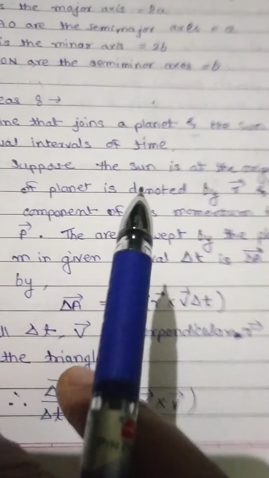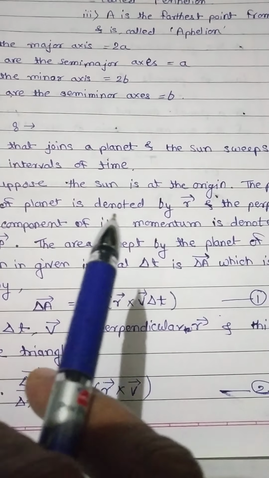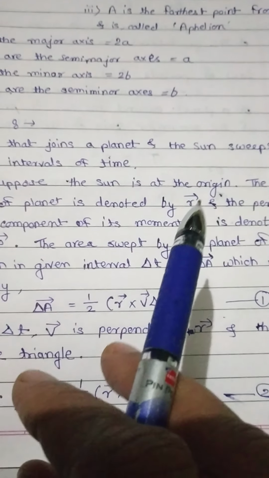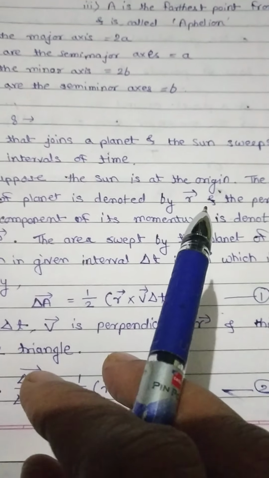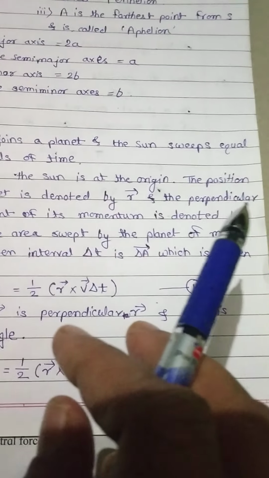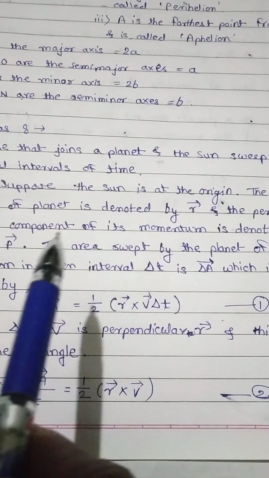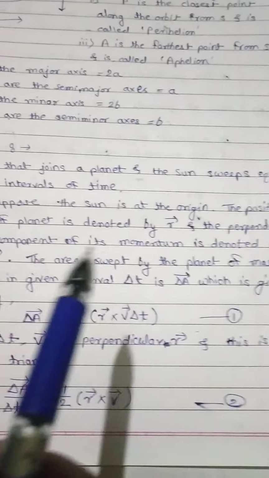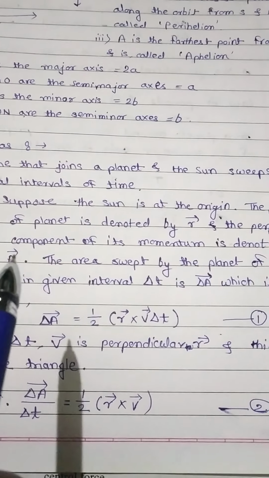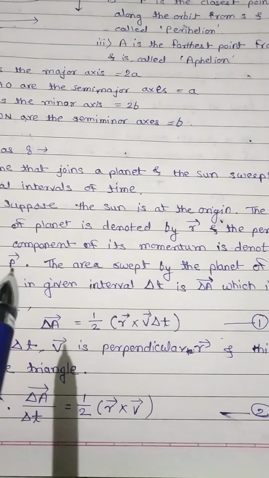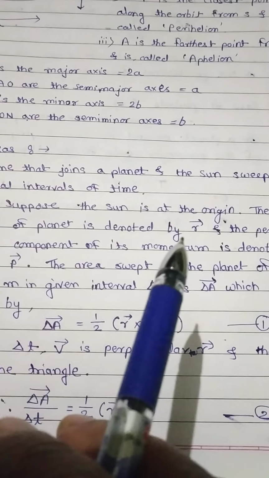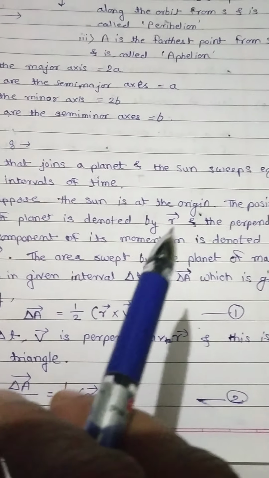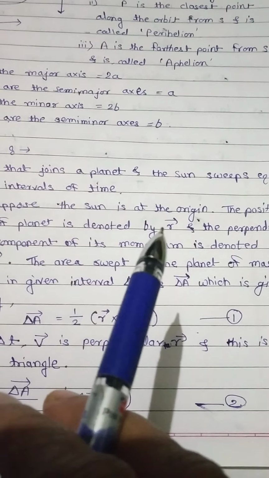Suppose the Sun is at the origin, and the position of the planet is denoted by small r vector, and the perpendicular component of its momentum is denoted by p vector. Here p is momentum and r is the position of the planet.